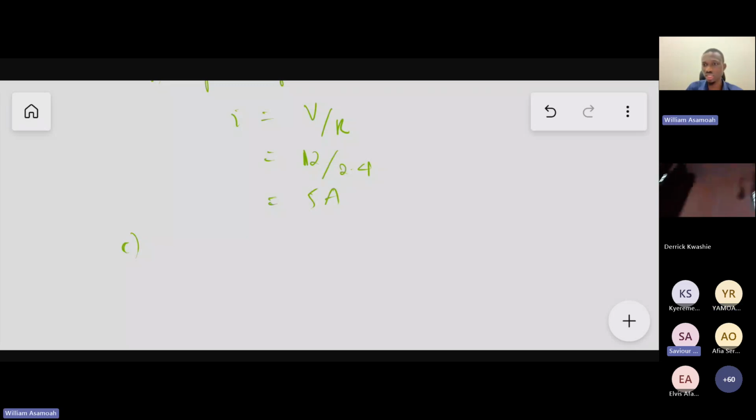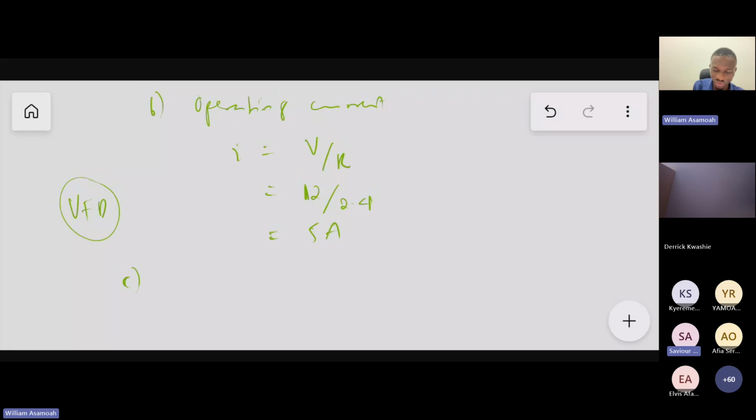So that's why in the industries we have something we call variable frequency drives, VFDs. You know that the inrush current depends on the amount of voltage. If the voltage is very high, the current will be very high. So what they do is they step down the voltage to very low, around 1 volt.